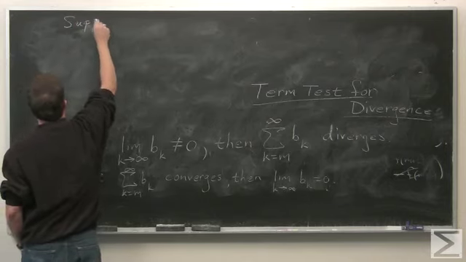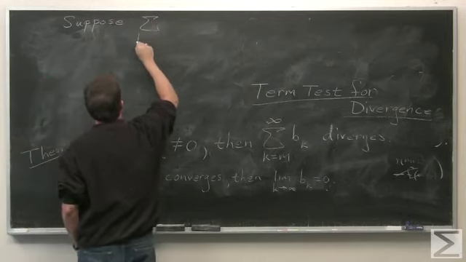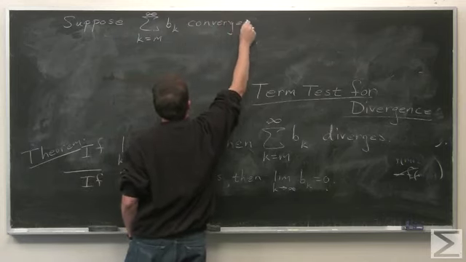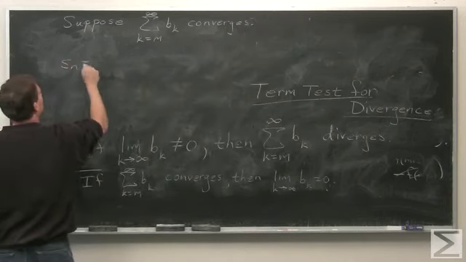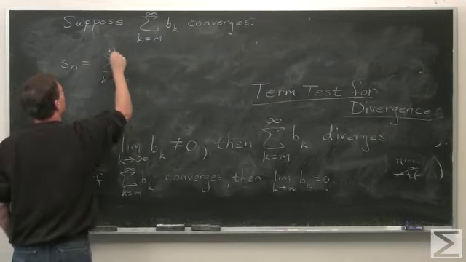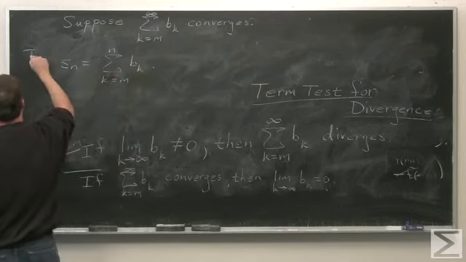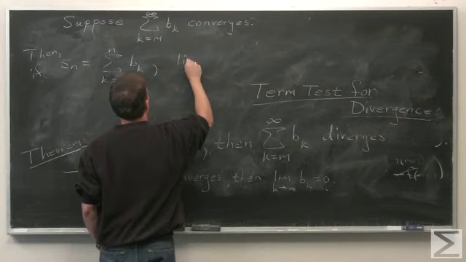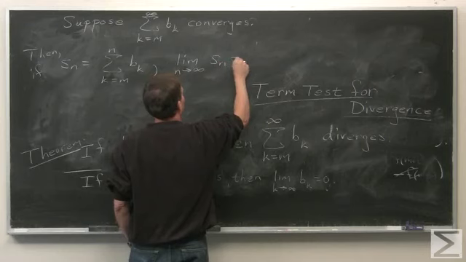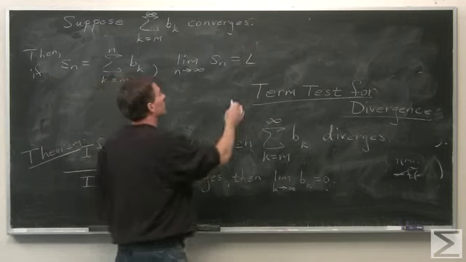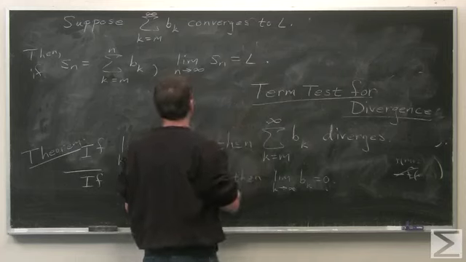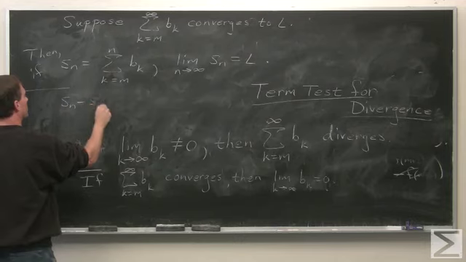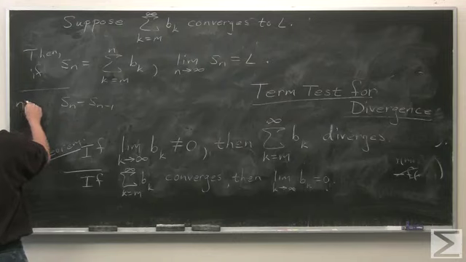Suppose the series converges. Exactly what that means is that if you let Sn be the sum as k goes from m to n of bk, then the limit as n goes to infinity of Sn equals some limit L. So for some L, it converges to L. But, and here's the cool thing, if you look at Sn minus 1, and to have this be defined, I would need n to be greater than or equal to m plus 1.